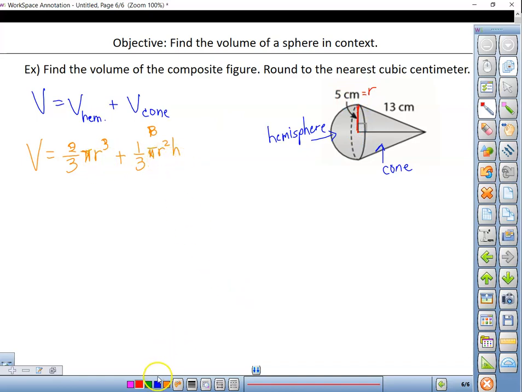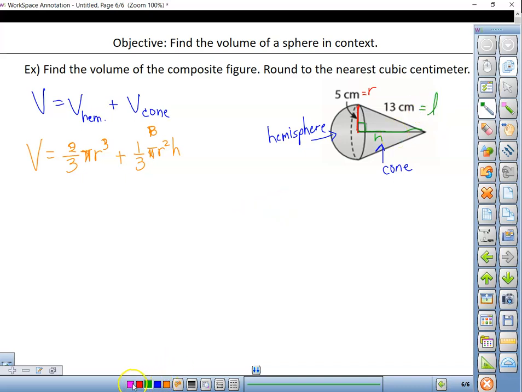What you have to be super careful of, and we've talked about this, is remember height h is always perpendicular to the base of its figure, in this case the cone. So here's my right angle right here, which means that, remember, this measurement is our height, h. That 13 there is talking about the slant height measurement, which we've learned is called L.